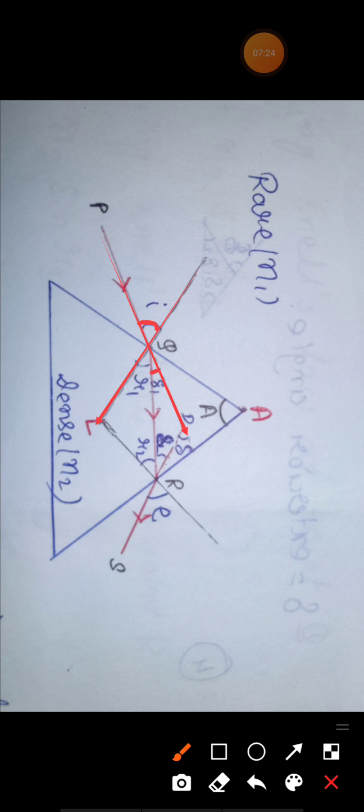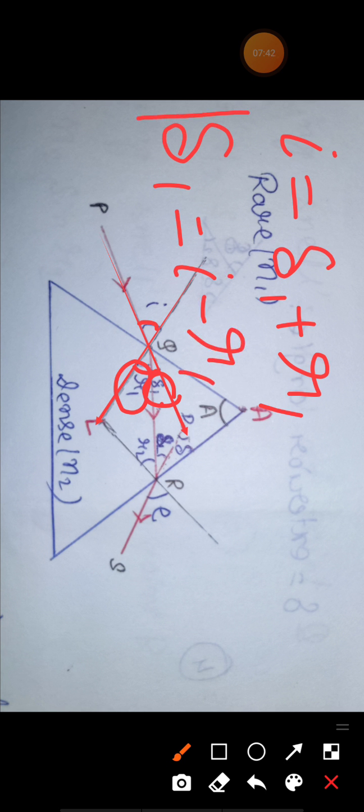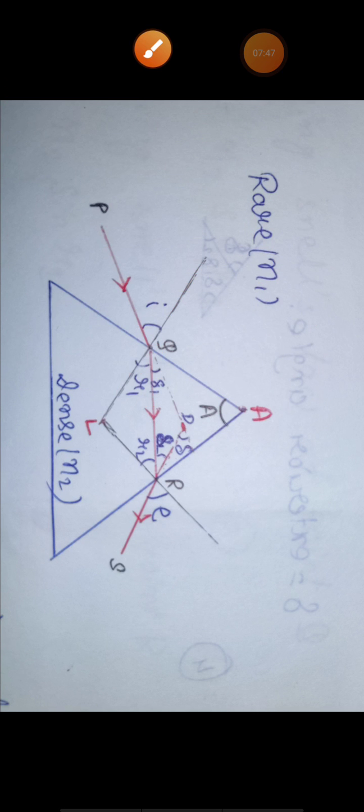This angle must be equal to this angle. This angle is how much? This is your incident angle, I. And this angle is equal to how much? Delta 1 plus R1. Correct. So I is equal to delta 1 plus R1, or delta 1 is equal to I minus R1. So this is the value of delta 1. We have found out delta 1 is equal to I minus R1.